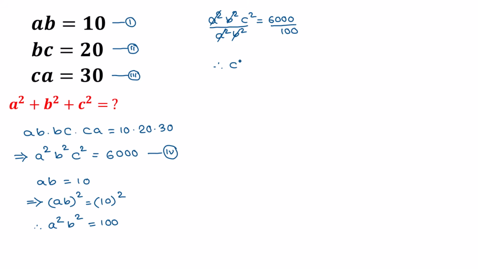So the value of C square, we will get this 20 will cancel and it will remain 60, and this is the value of C square.